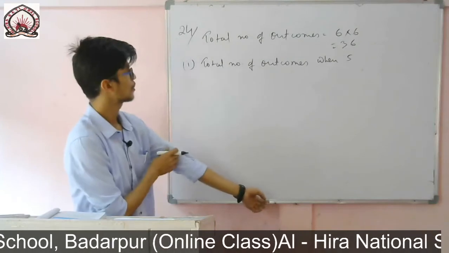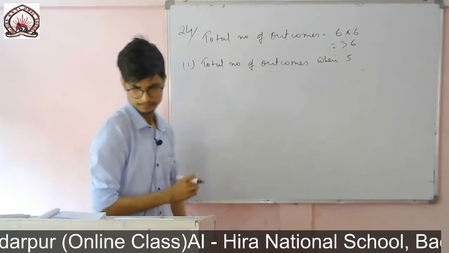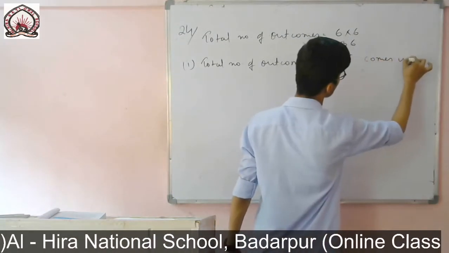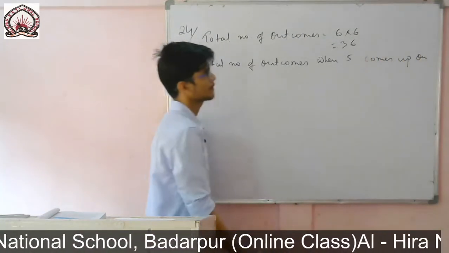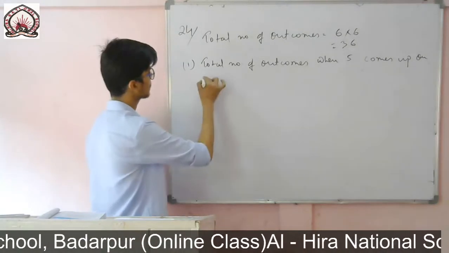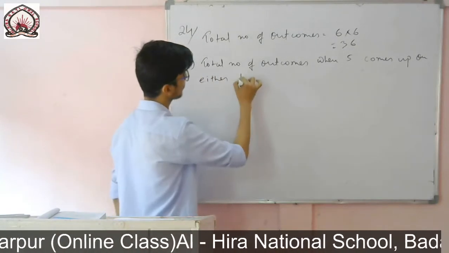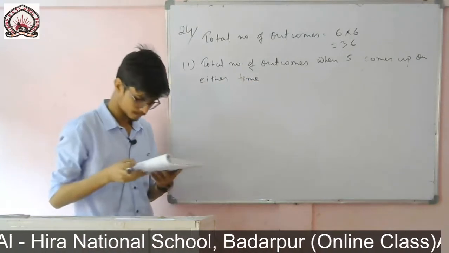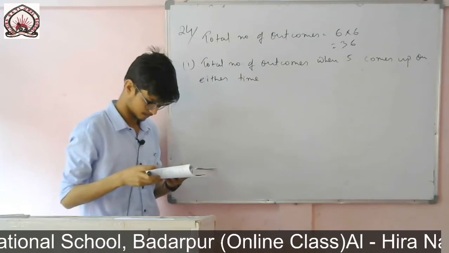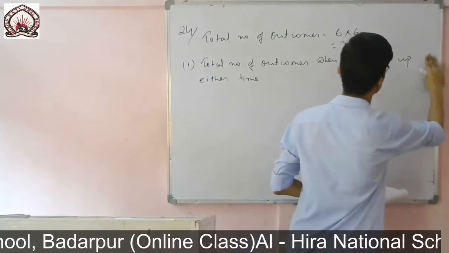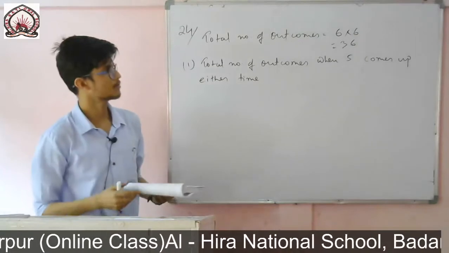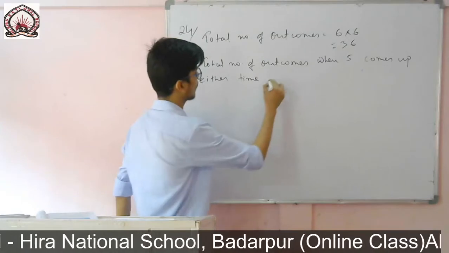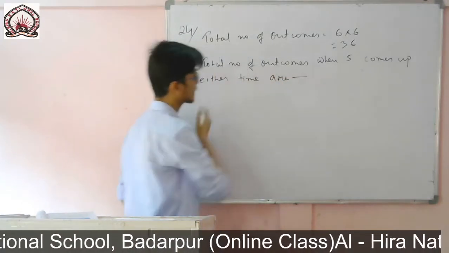So the total number of outcomes when 5 comes up on either time. What are the cases when 5 will come?